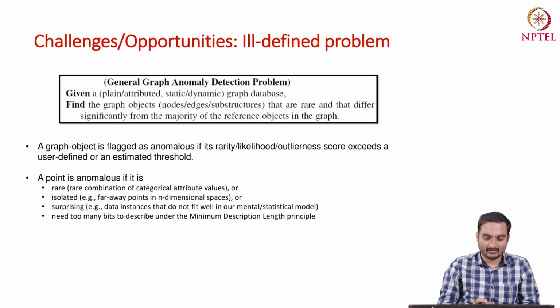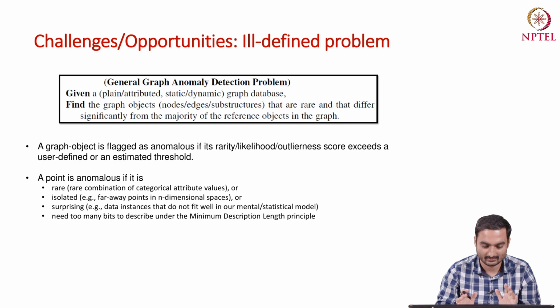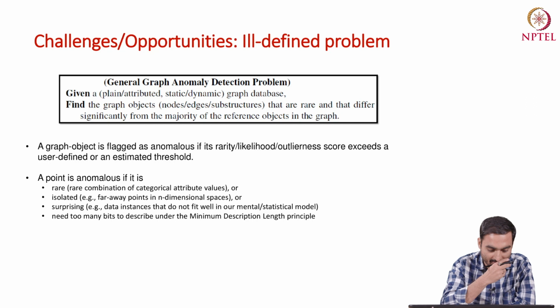Okay. So, let us define the task of graph anomaly detection as follows. You are given a graph. The graph can be a plain graph or an attributed graph, it can be a static graph or a dynamic graph, and what is the task? The task is to find graph objects, nodes, edges or subgraphs that are rare and that differ significantly from the majority of the reference objects in the graph.